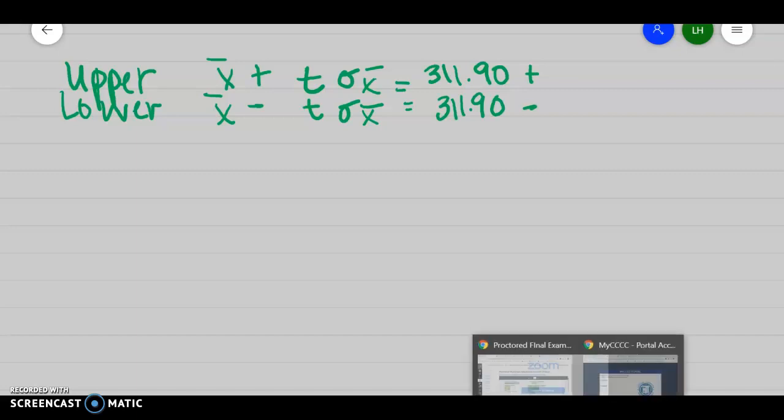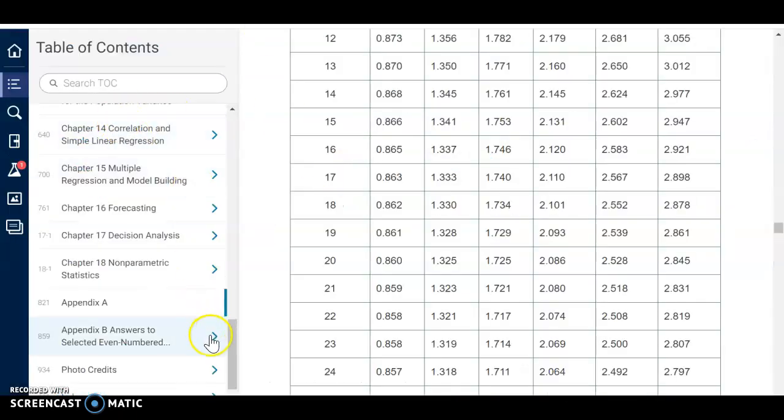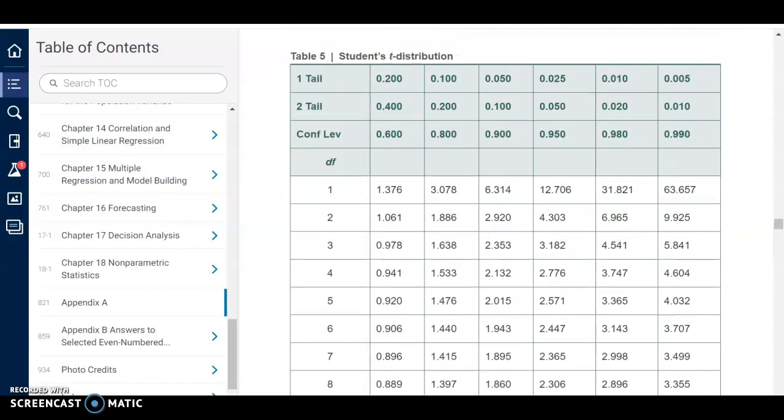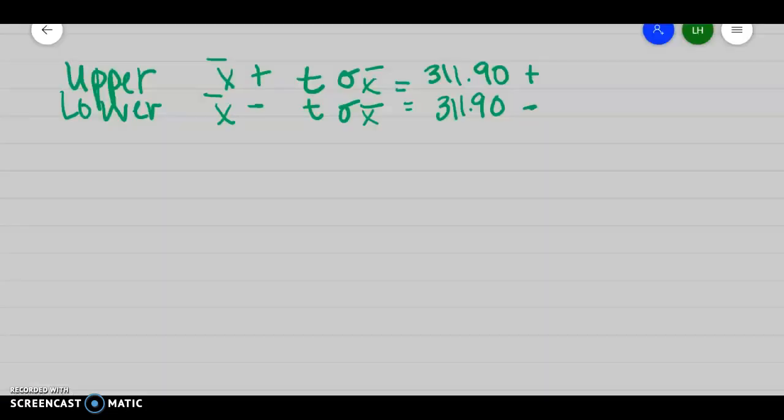To get the t value, if you go into your bookshelf and go into your appendix A and go to table 5, you will see the t-distribution. Now you're at the 90% confidence level, and degrees of freedom, to get it, you take n and then you subtract 1. Well, the sample here is 21, so if you subtract 1, you get 20.